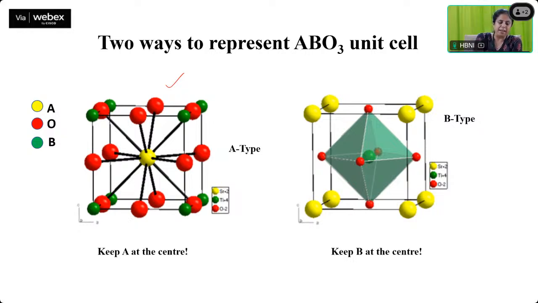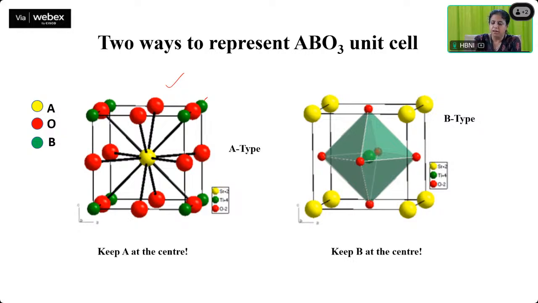So if you are taking A at the center, then your B ions will be at the corner. Simple. And your O ions will be all at the edge centers.